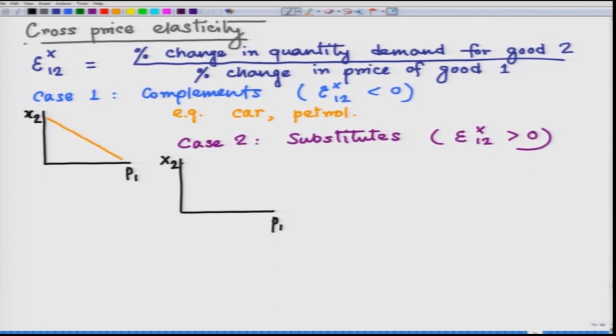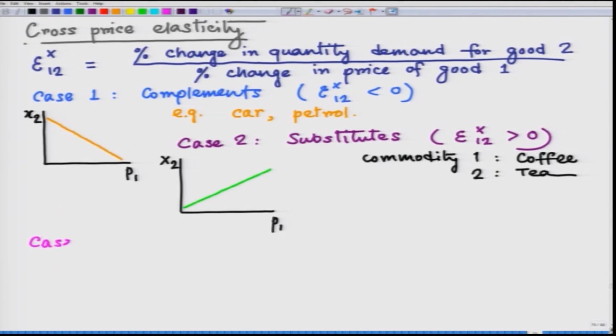Now, let us assume my commodity 1 is coffee and commodity 2 is tea. So, if the price of coffee increases, as they are substitute goods, we can expect demand for tea will also increase in the market. So, we are expecting some kind of a positive relation between x2 and P1 in this case.